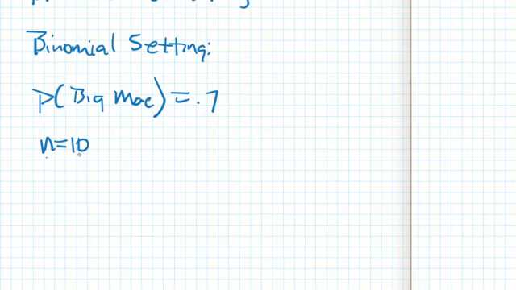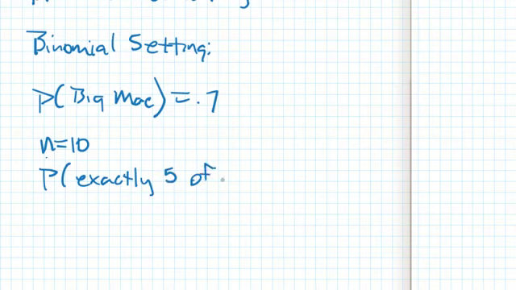That's our sample size. And what I want to know is what is the probability that exactly 5 of the cars order a Big Mac. That's what I'm trying to figure out here.